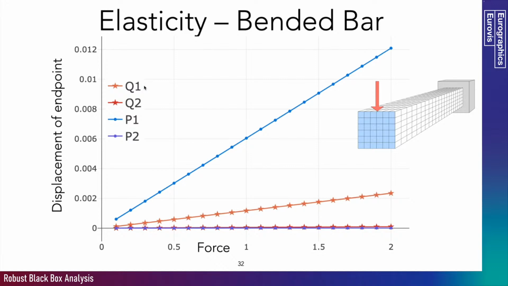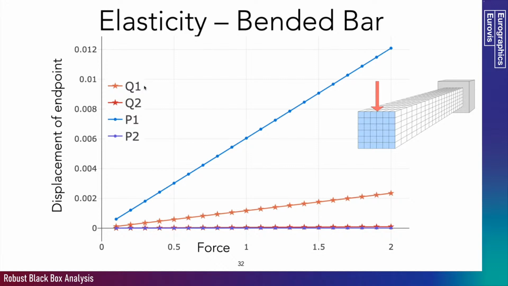But this is not really what we care about, so we now see that the error is kind of similar. What we really care about is the timings. From this plot we can see that linear hexahedra are performing well, and from the initial slide in my introduction, the linear hexahedra have only 8 vertices per element, while the quadratic tetrahedra have 10.